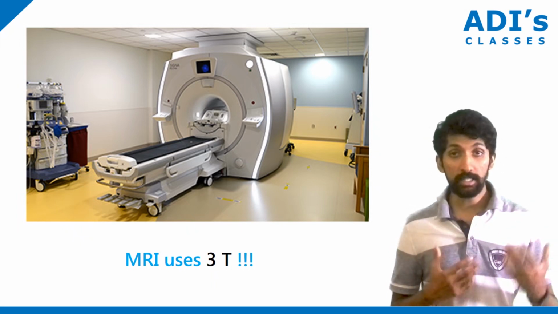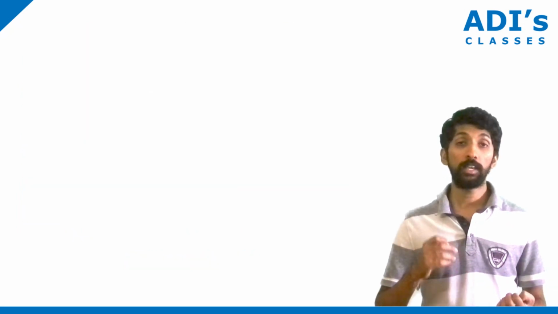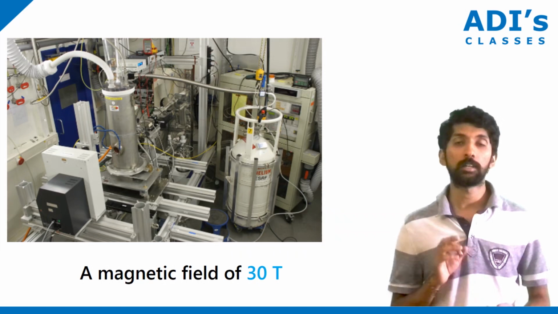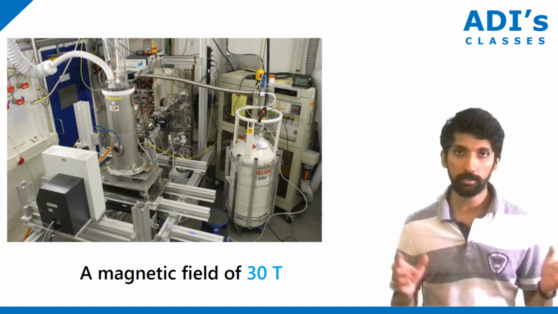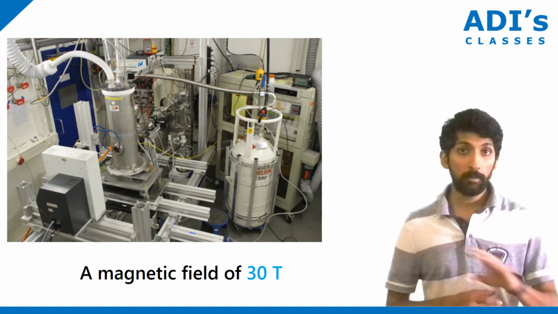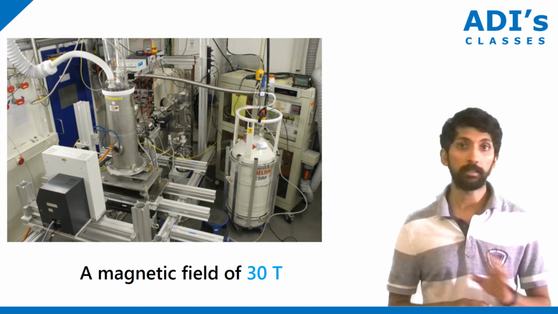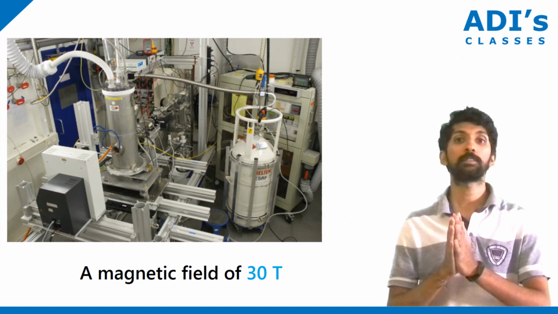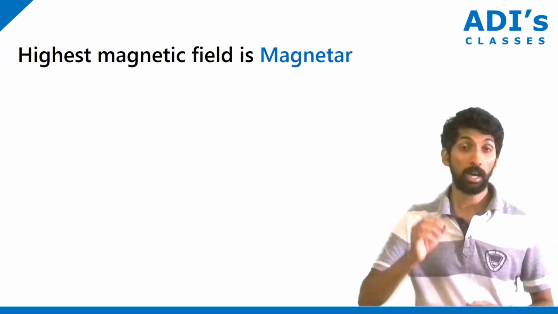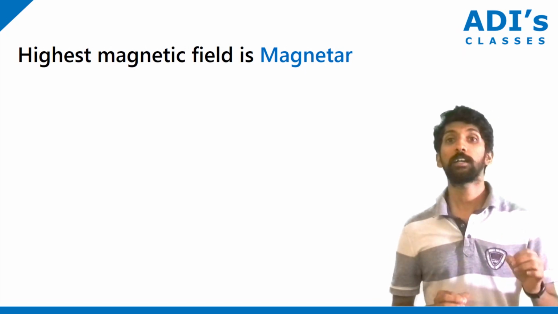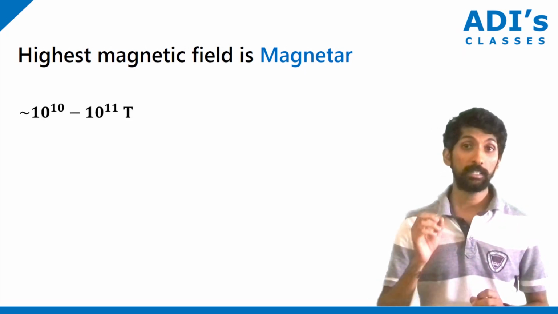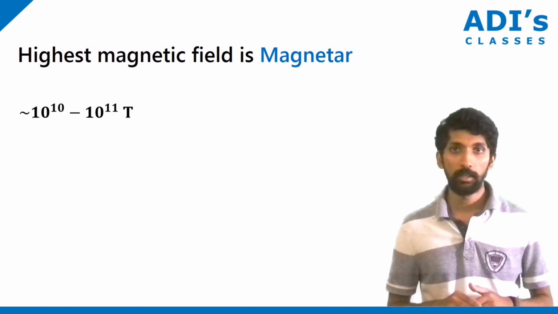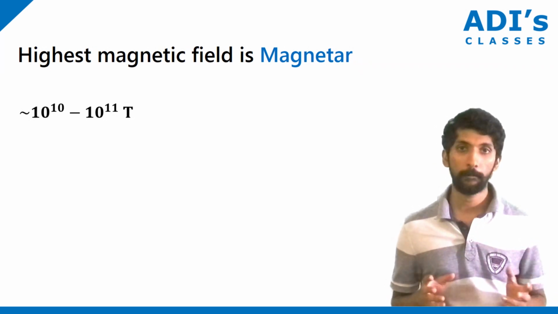For research purposes, we have a magnetic field of around 30 Tesla. 30 Tesla is tremendous, because no camera will withstand 30 Tesla. But obviously these are all man-made things. Nature always proves that she's our mother, because the highest magnetic field is from a star called a magnetar. It has a magnetic field of 10 to the power of 10 to 10 to the power of 11 Tesla. That's insanely high.